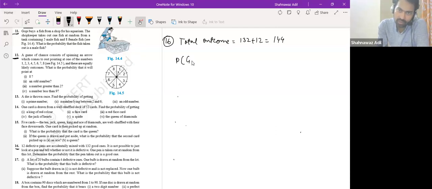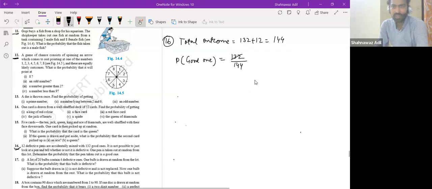So this is a good one. This would be 132 by 144. Whose turn is it? This was Amar's turn, but he cannot unmute himself, so I took his turn.